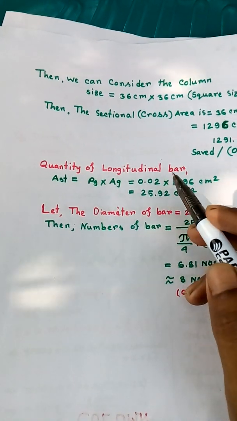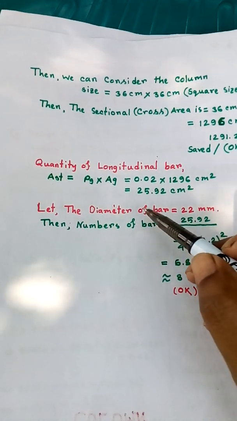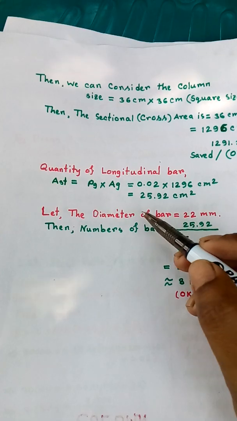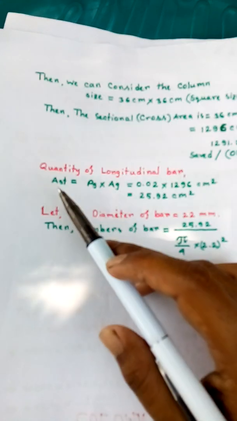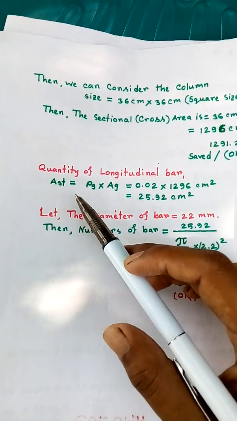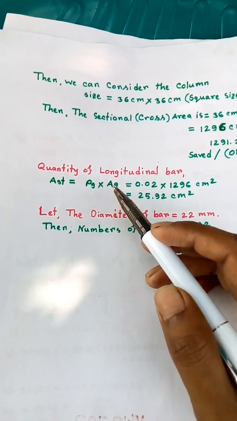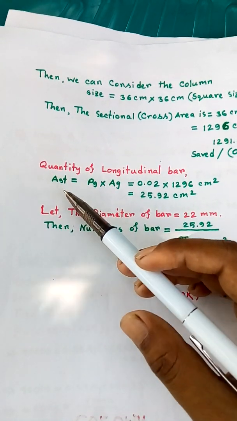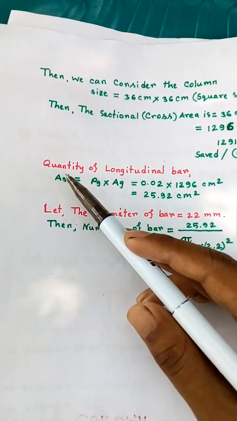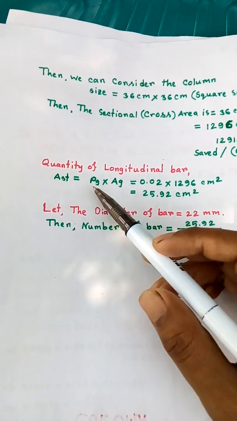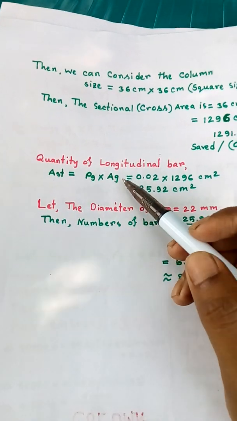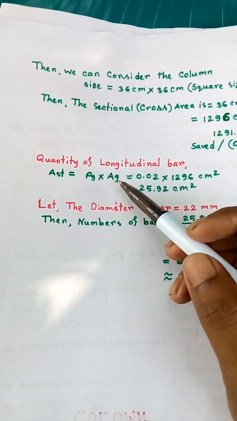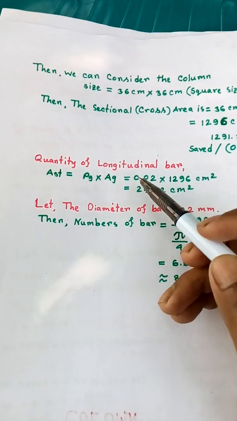Quantity of longitudinal bar, that means main bar. Area of steel Ast equal to rho g into Ag. Ast means cross sectional area of steel, rho g the steel ratio, and Ag the cross sectional area of column.